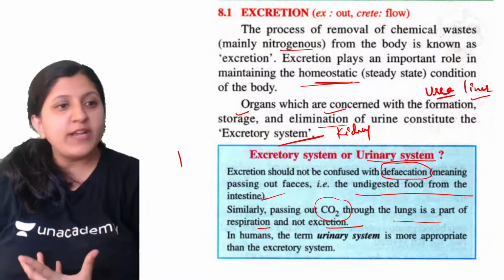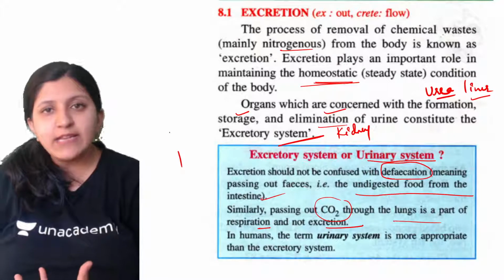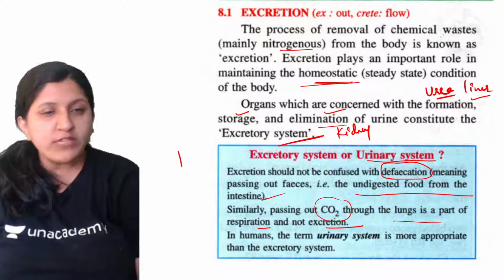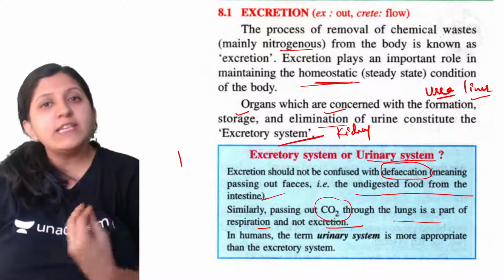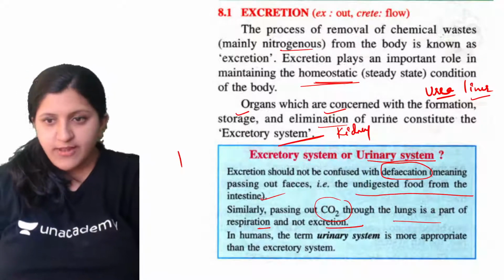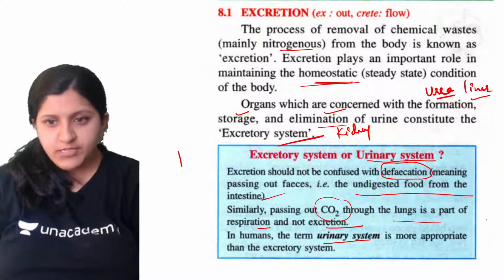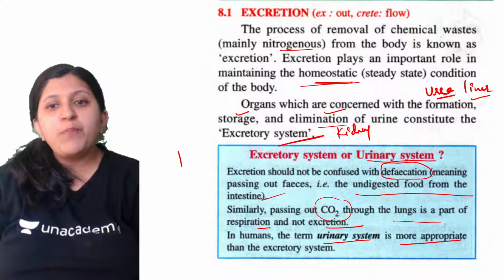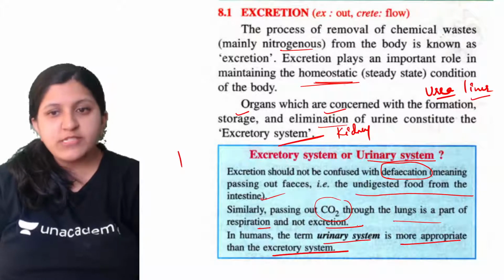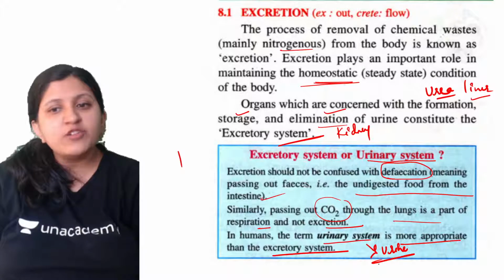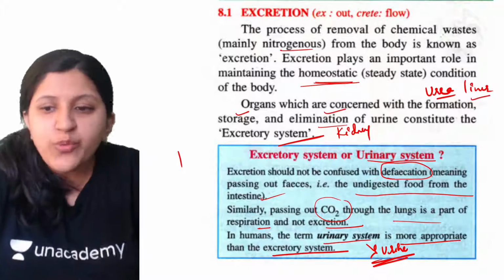But this is again not an excretion process. So why exactly is it not an excretion process? You can see that the carbon dioxide we are getting rid of is a part of respiration itself. Okay, so in humans, the term urinary system is more appropriate than the excretory system, as there is urine formation that occurs, so it basically relates to that. So we can use the urinary system instead.